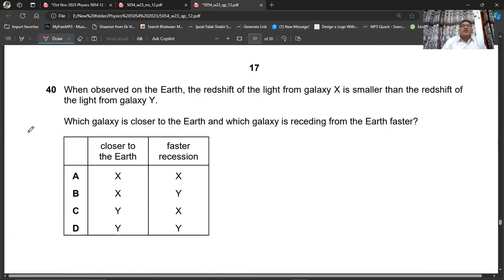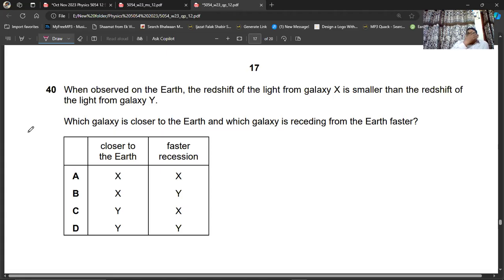Question number 40. When observed on the Earth, the redshift of the light from the galaxy X is smaller than the redshift of the light from the galaxy Y. Which galaxy is closer to the Earth and which galaxy is receding from the Earth faster?